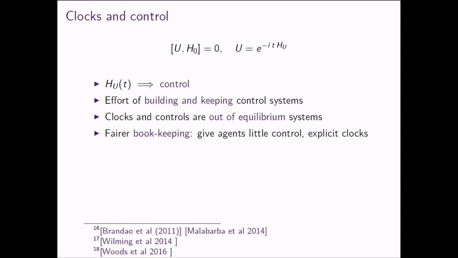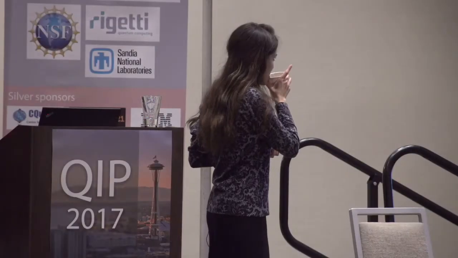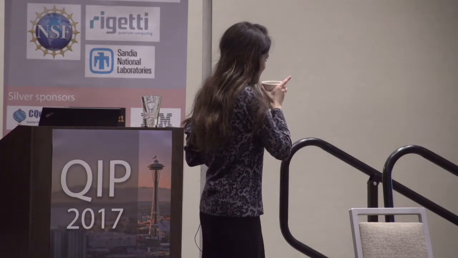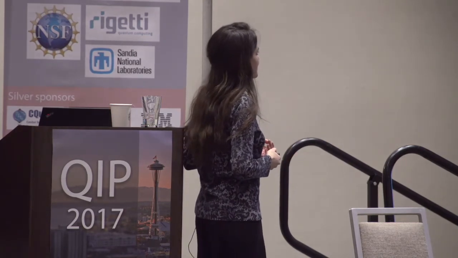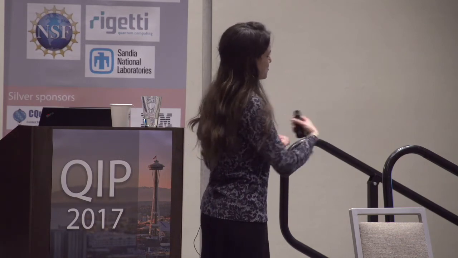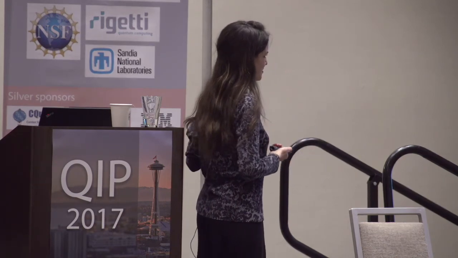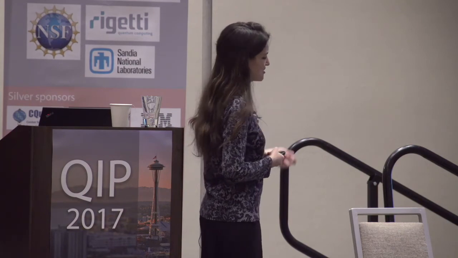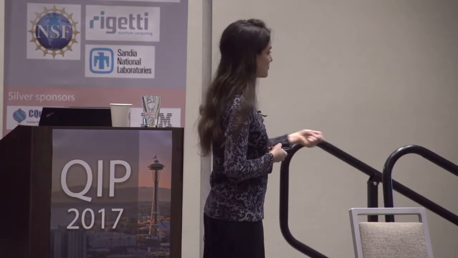Now, finally, to go back to the question I was asked before the break. The elephant in the framework is that we allowed for all these unitaries to be applied, but of course if you apply a unitary, this means that you choose a Hamiltonian, you turn it on at some point, and then you turn it off, right?